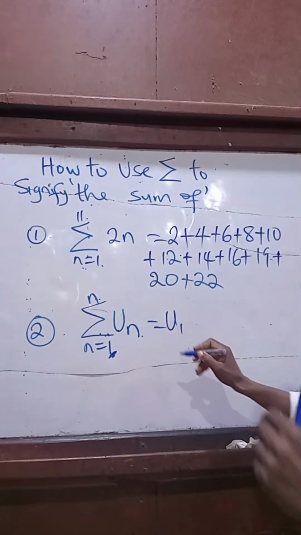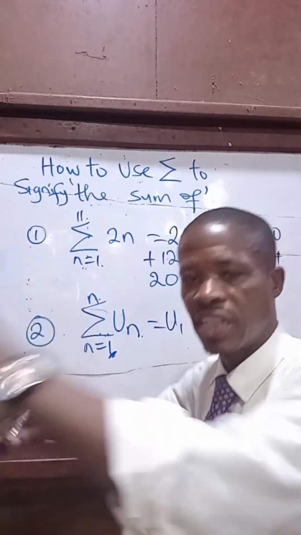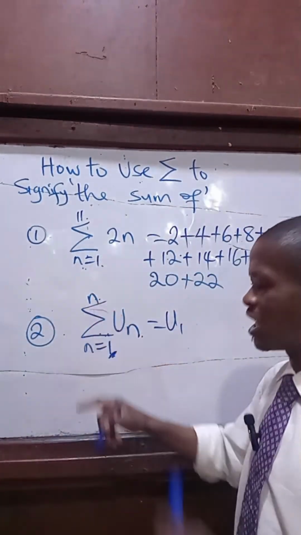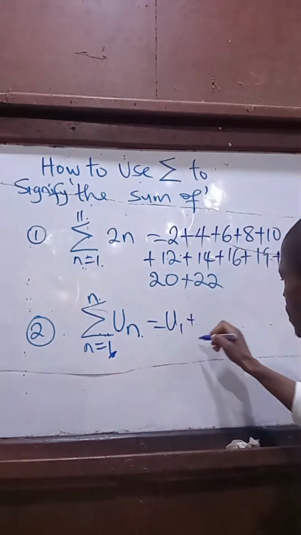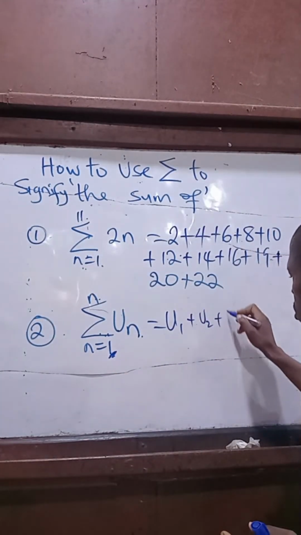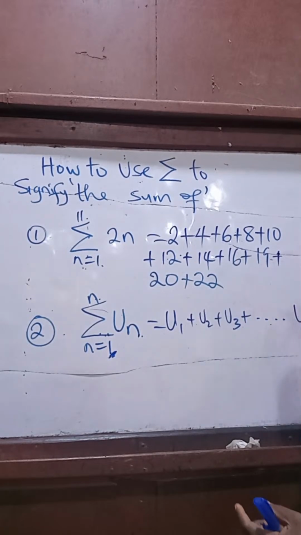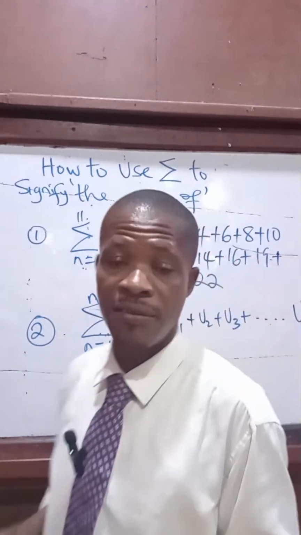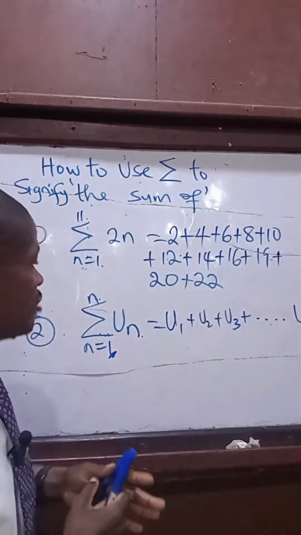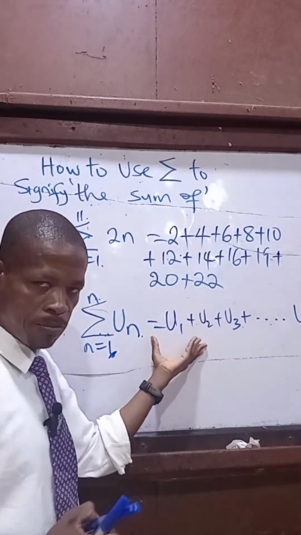Anywhere you see n, you place 1, 2, 3 until you get to the nth term. u1, u2, u3, and it goes on like that until the final one. So these are the things we want to look into.